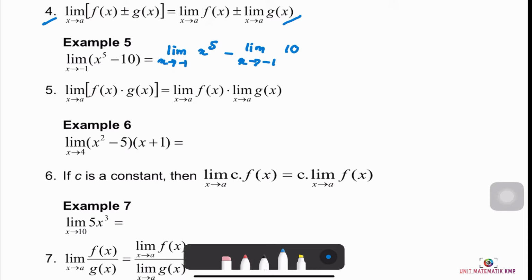Okay, so next step we substitute. So we have negative 1 to the power of 5, then minus 10. Upon simplification, the final answer should be minus 11. That is property number 4.